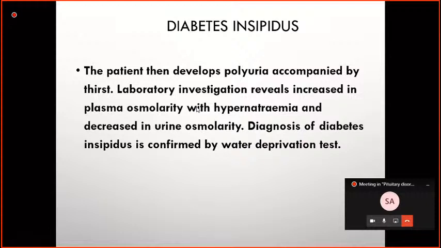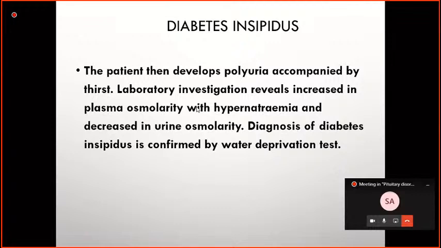So you can have diabetes insipidus on top of hypopituitarism. Otherwise, a pituitary disorder which affects your pituitary stalk can cause diabetes insipidus, because of the inability to produce vasopressin. Diabetes insipidus is a decrease in the production of vasopressin.